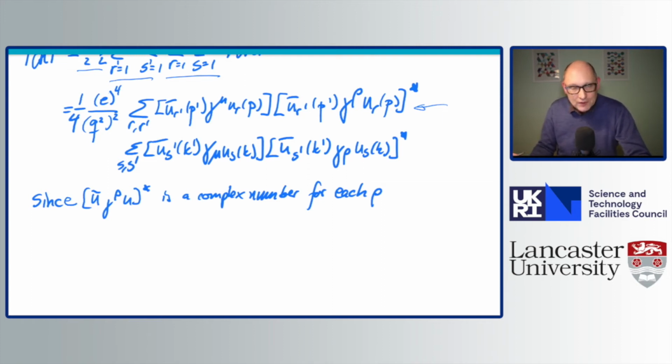If you just have a number, it doesn't matter whether you transpose that number. So let's, for fun, choose that instead of just thinking of this as a complex conjugation, we think of it as a Hermitian conjugation.